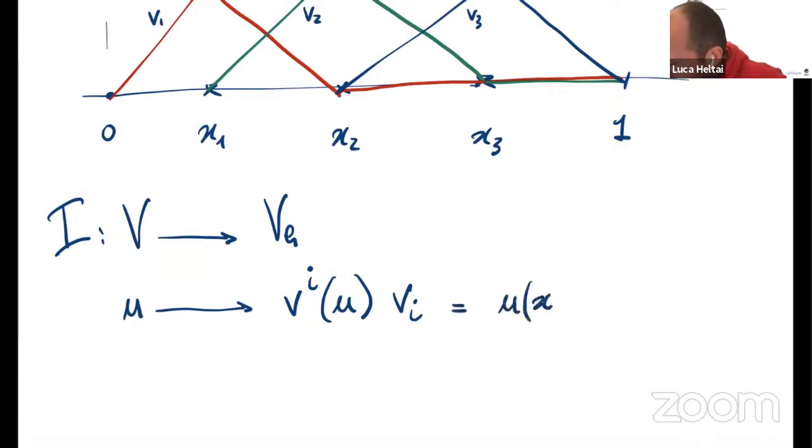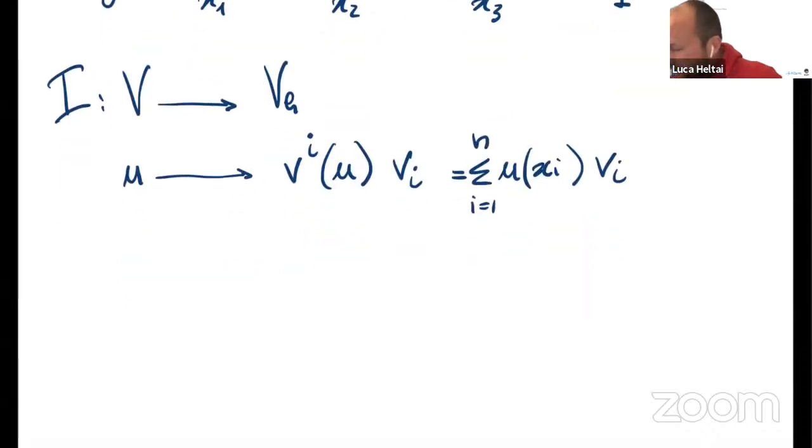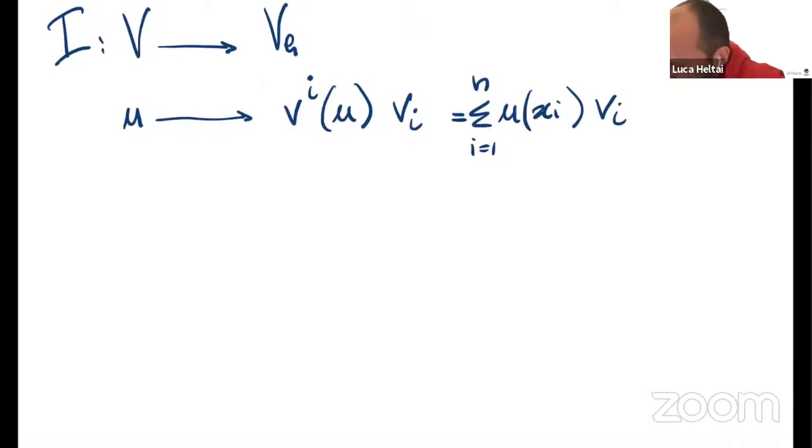So this is u evaluated at the point x_i, multiplied by v_i, sum for i that goes from 1 to n. And the result is exactly the graph that you have seen before.